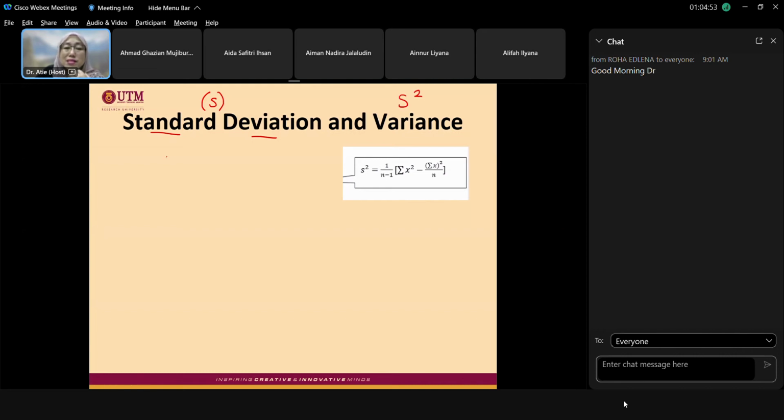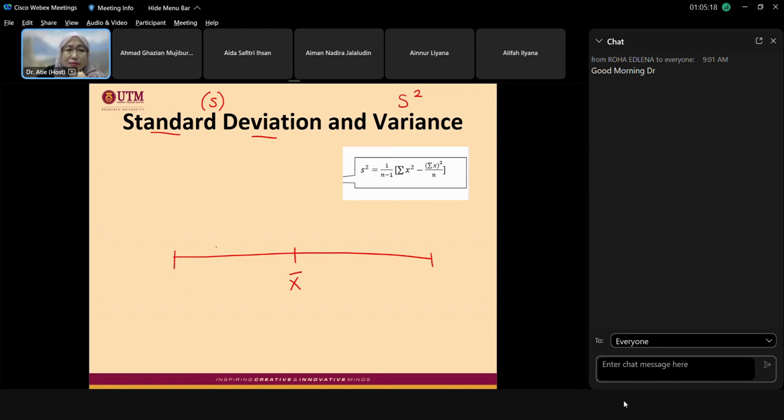So what does standard deviation mean? Standard deviation is the distance from the mean. We call it the mean because when our data is balanced, the mean will be at the center and it will be our reference point.